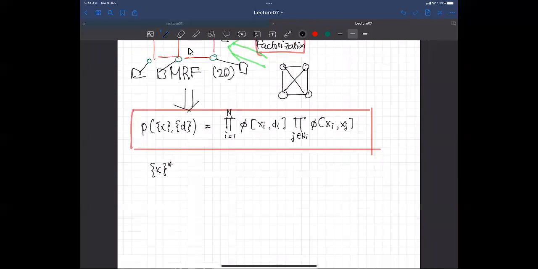And how can we get X star without knowing P? So we want X star without computing P(X|D). What would be the techniques to find X star without computing P? Those who have taken pattern recognition should know about this. What would be the techniques to find X star without computing P?